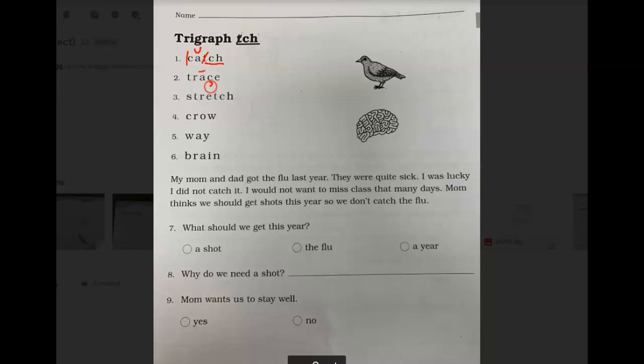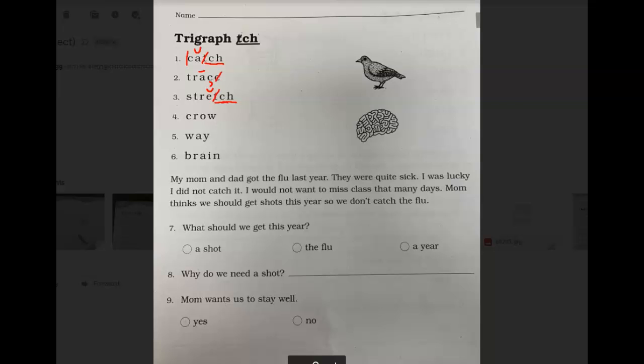So we're going to do that cedilla and cross out the E because we don't hear it. Next word, stretch. Let's underline the digraph. Actually, we need to underline the trigraph. I'm sorry, not digraph, trigraph there. We do not hear the T. Short E sound.